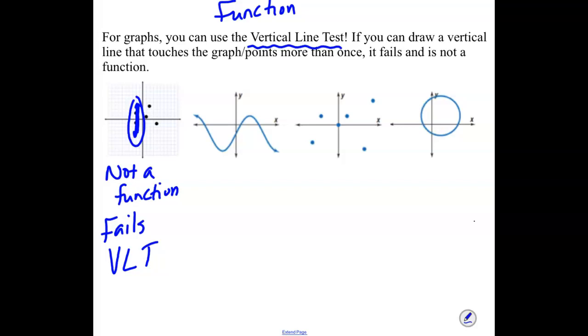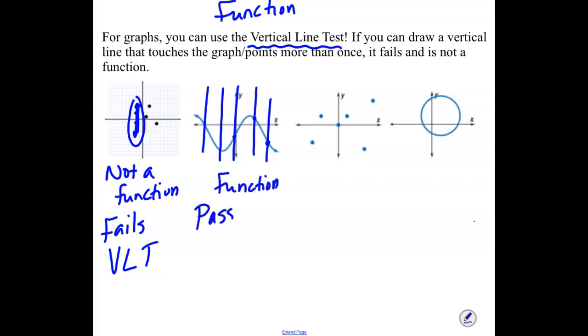All right, our second example, we can look at dropping vertical lines through here. At any one time, our vertical line only hits one dot. So this would be a function, and we would say it passes our vertical line test. Our third example looks similar to our first one. However, if you look at them, our points are all separated.